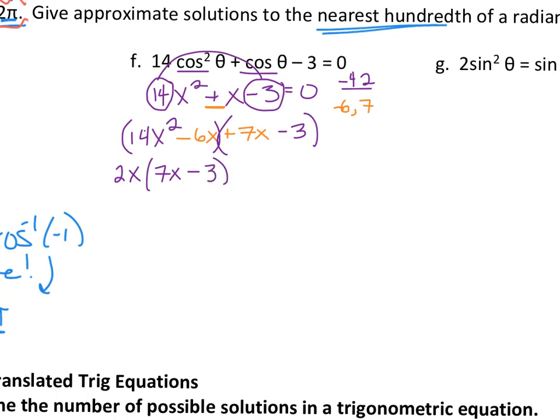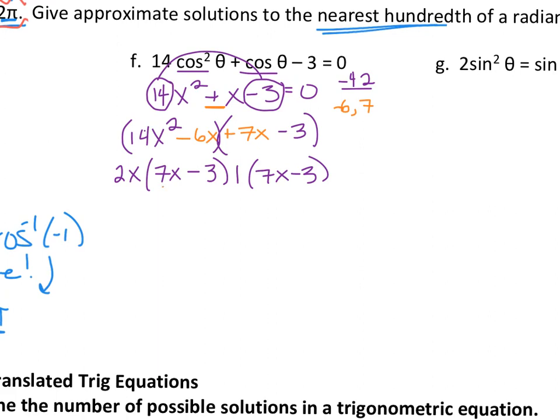Now that second parenthesis is already 7x minus 3, and they don't have anything that could factor out that they have in common. But we need a placeholder. We have to have something in front. If nothing at all factors out, we're just going to put in a 1 as a placeholder. 1 times 7x minus 3 doesn't change anything.